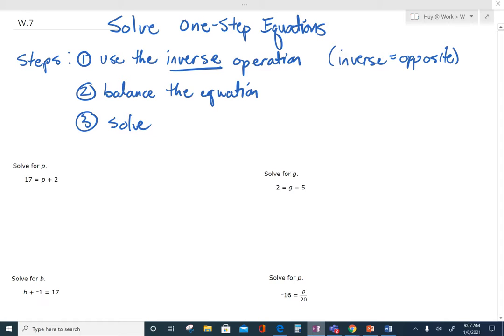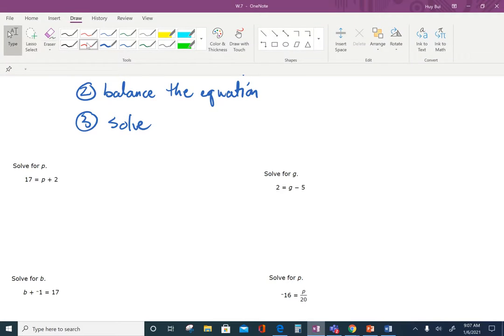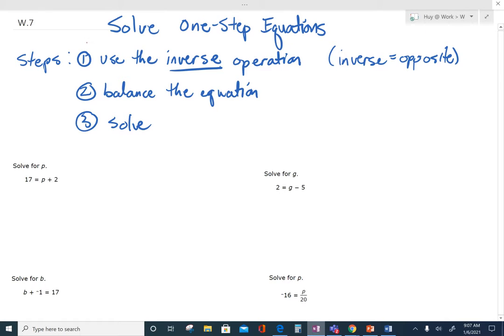So I want to make sure we're all super clear on this. I don't want to insult your intelligence, but just make sure we're all on the same page. If we have an addition problem, the opposite is subtraction.